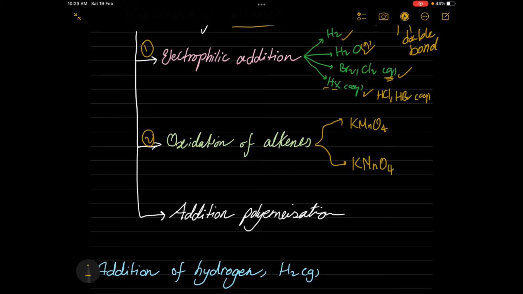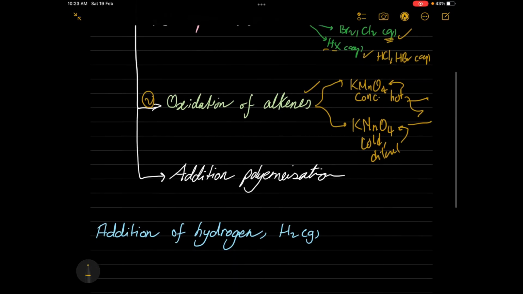But the difference between the two conditions, we're going to use a concentrated and hot potassium permanganate in here, and in here we have cold and dilute potassium permanganate, and we're going to get different products as a result of the conditions. So these things will be covered as well.